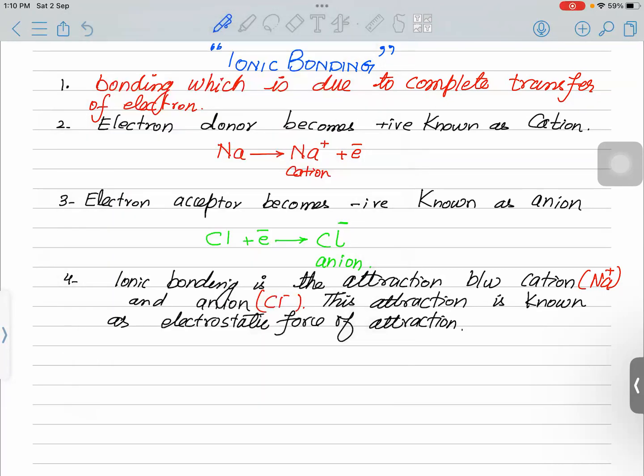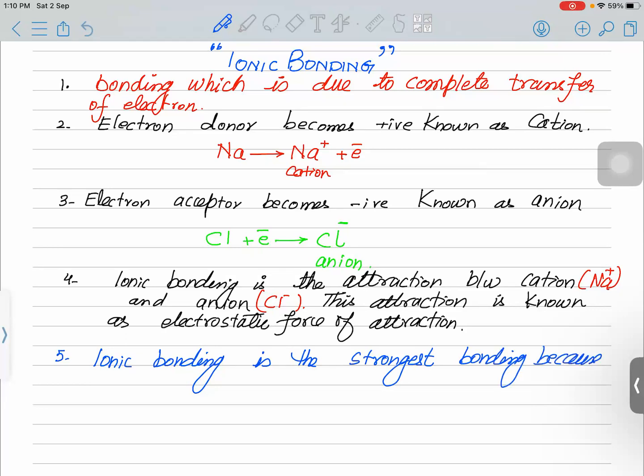Point number 5: ionic bonding is the strongest bonding because of two reasons.